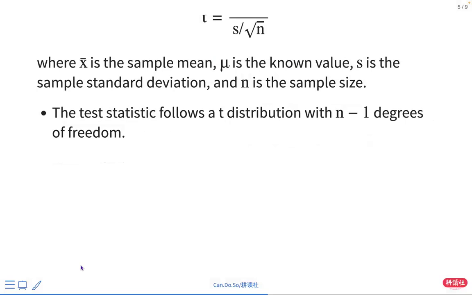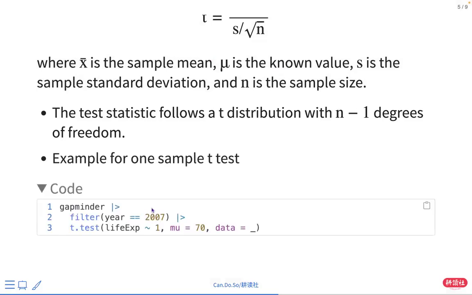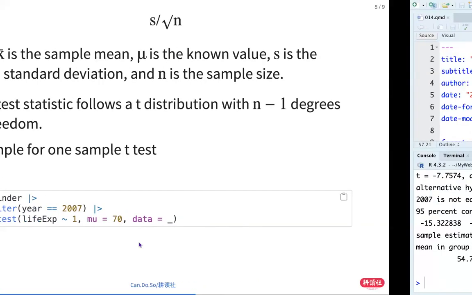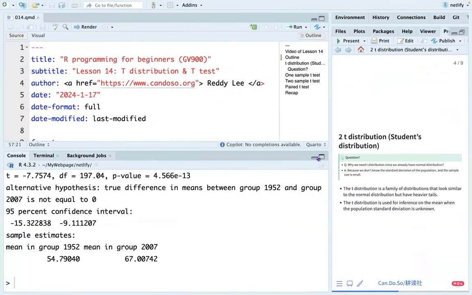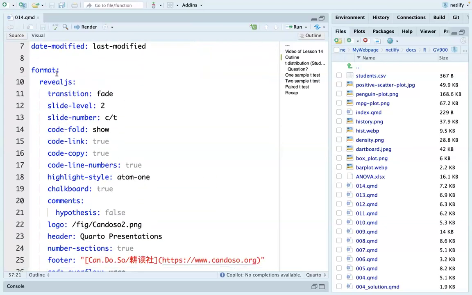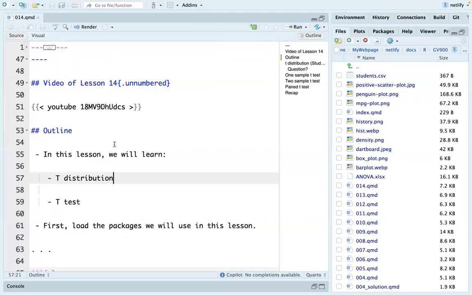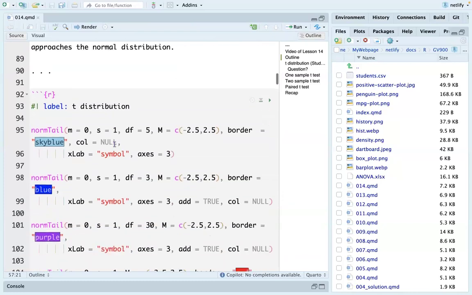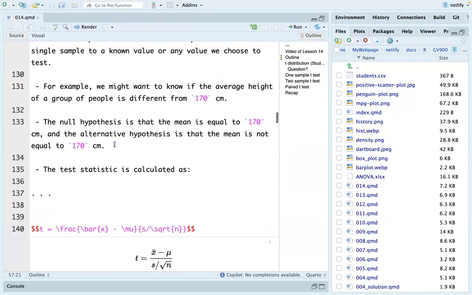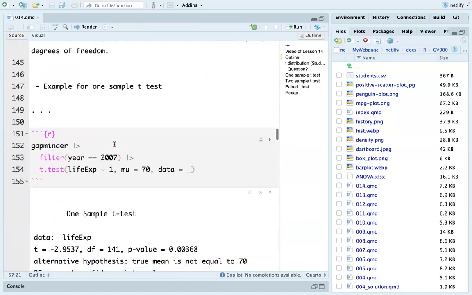So the test statistic follows a t-distribution with n-1 degrees of freedom. So let's go to R to see this.